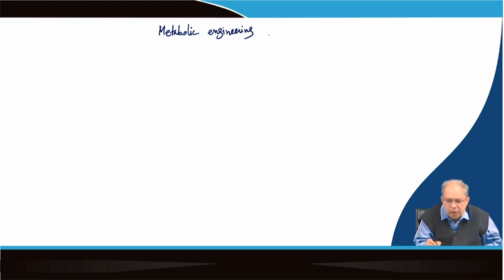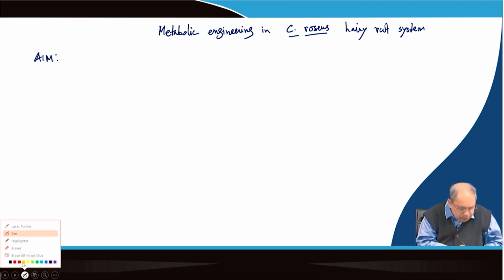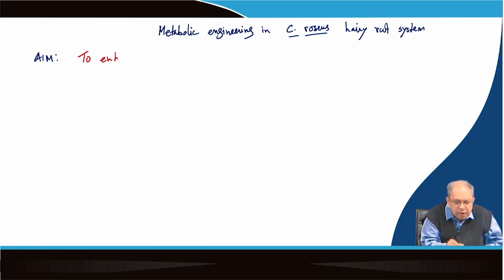So, this is metabolic engineering in Catharanthus roseus hairy root system, and of course, the aim basically was to enhance the contents of alkaloids.